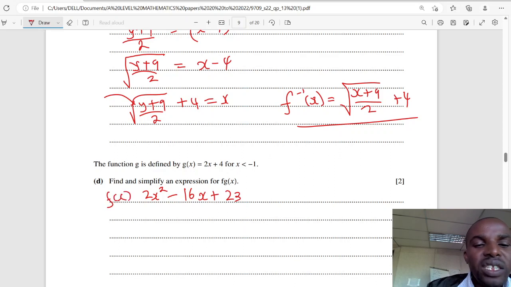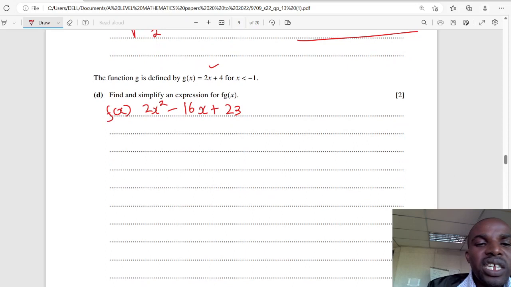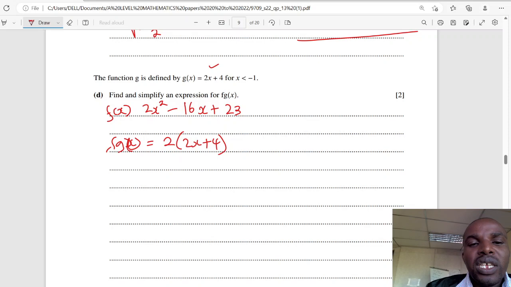That's your f of x. Then your g of x you are given here. So what is your fg of x? So fg of x equals 2, where there is x, you put g of x. So it will be 2, then 2x plus 4 squared, then minus 16, then 2x plus 4, then plus 23.